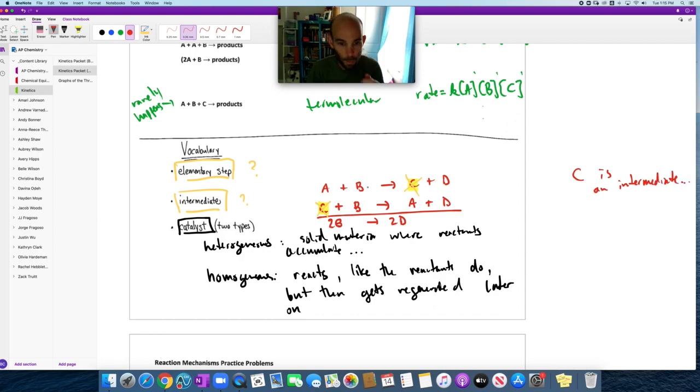Okay? But A is something else. A is a catalyst. Okay, it's that homogeneous catalyst. It's necessary for the reaction to occur, but it doesn't seem to really be reacting away. Okay, so let's leave it there for today.